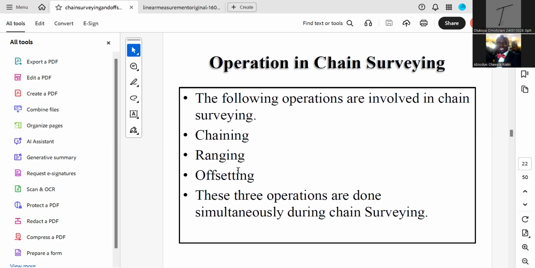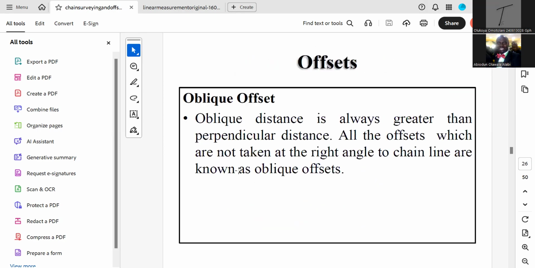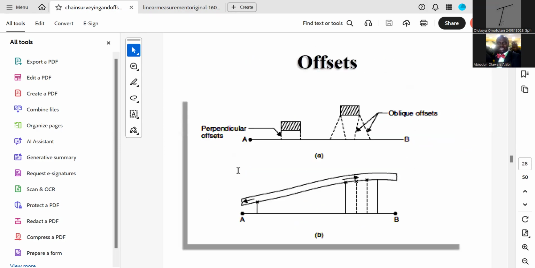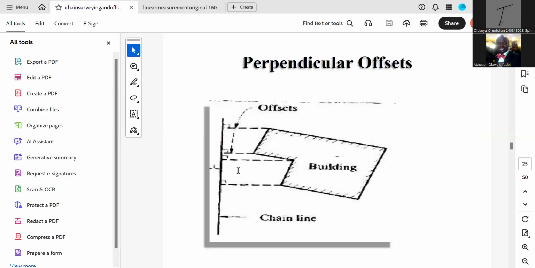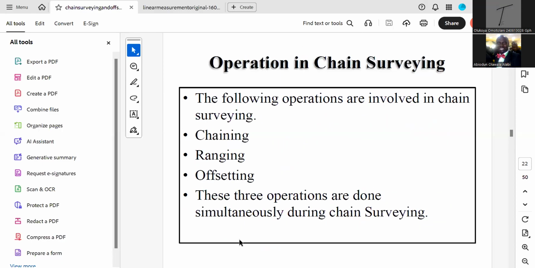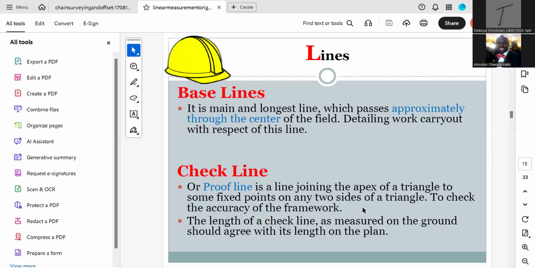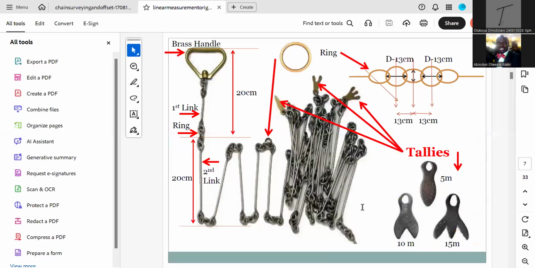I think I've mentioned the instruments. Let me confirm if I've mentioned them.